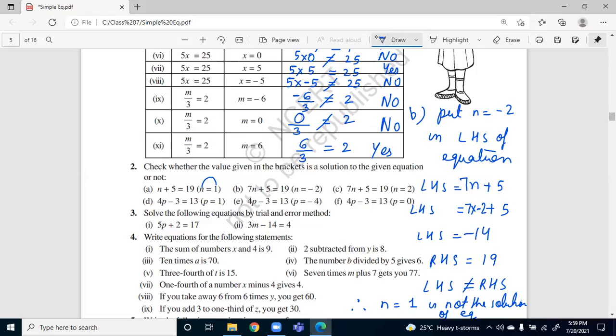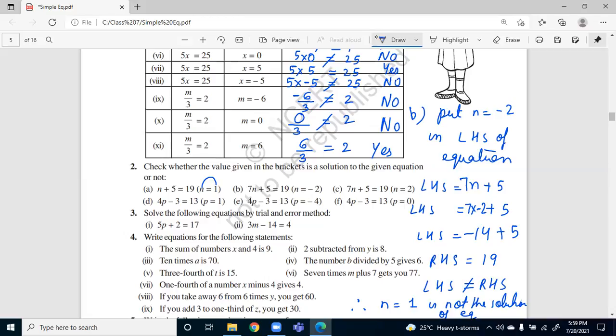Ma'am, minus 14. Ma'am, how will it be minus 14? Because 7 into negative number. A positive and negative number, when they get multiplied, you will get a negative answer. Okay, ma'am.